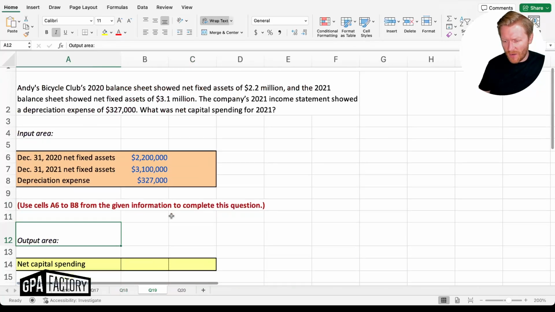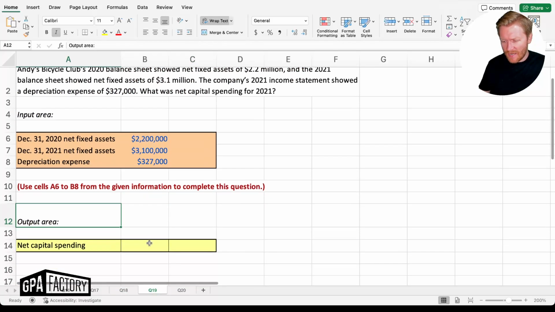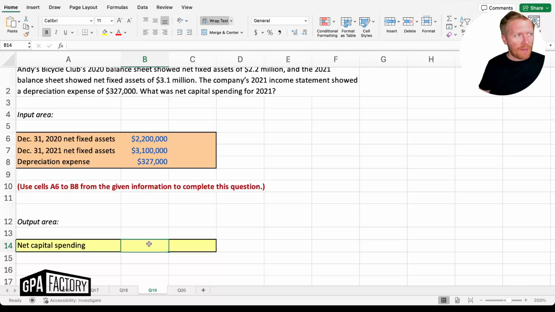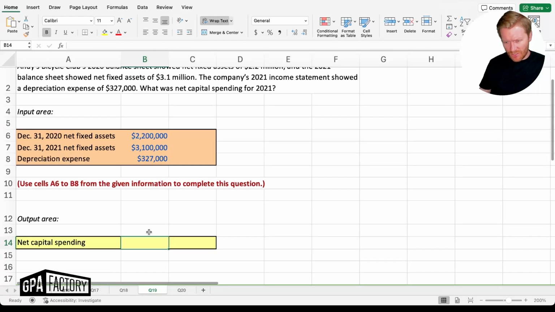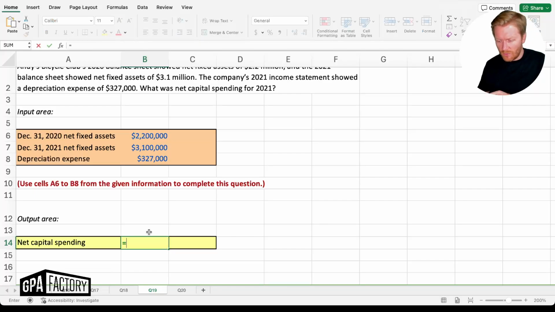And then now we move on. Okay, and it says net capital spending. Well, net capital spending is just our change in net fixed assets plus depreciation expense. So it's going to be net fixed assets new minus net fixed assets old.